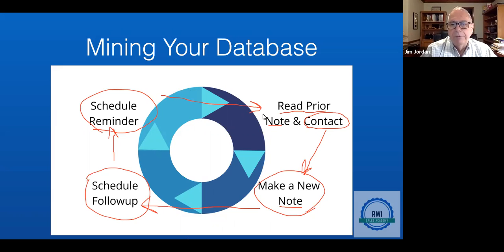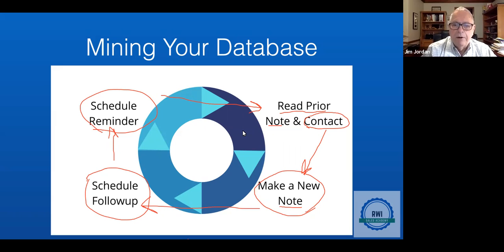And then you're going to read the prior note and contact. So as you go through this process, you can see that it's just a big circle. You're just going to continue to move around this circle, reading a prior note, making contact, making a new note, scheduling a follow-up, scheduling a reminder, read the prior note, make a contact, and so on.